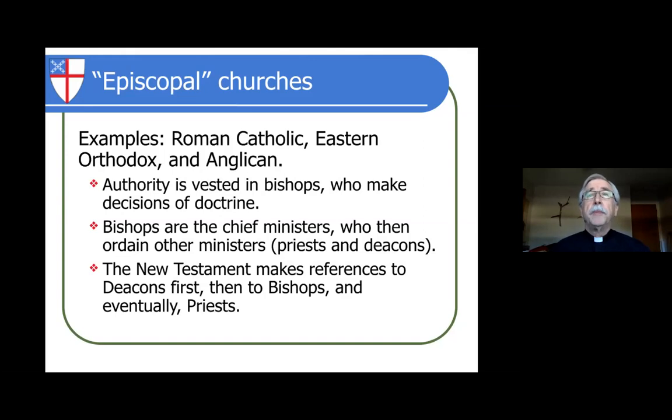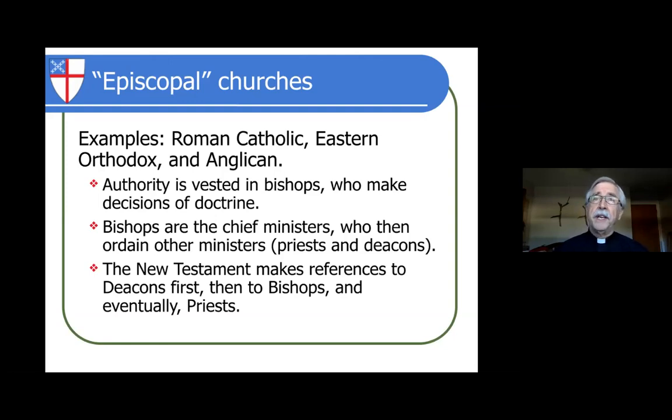So the Episcopal churches, we are one, obviously, from our name, and the word Episcopal comes from the Greek word episkopos, which means bishop. So Episcopal type churches would include the Roman Catholic Church, the Episcopal Church, the Orthodox churches, Russian Orthodox, Greek Orthodox, Serbian Orthodox, etc., and the other Anglican churches.